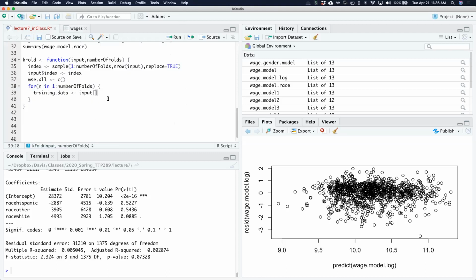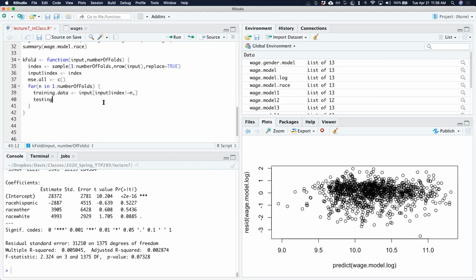Okay. So here it would be input dollar index does not equal to n. In the first iteration, n is equal to 1, and I want everything from my input data except where the index is equal to 1.